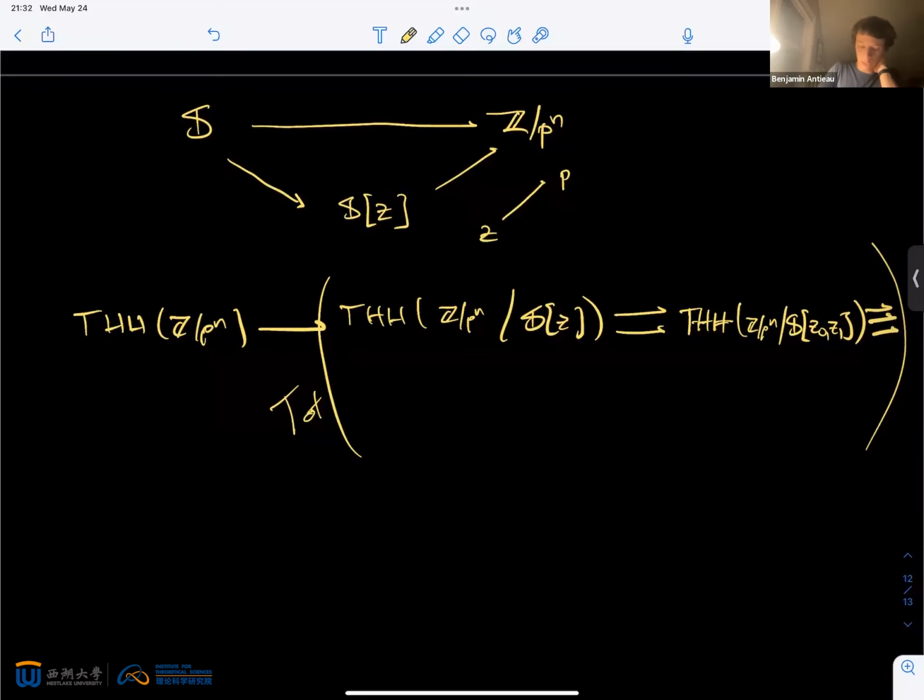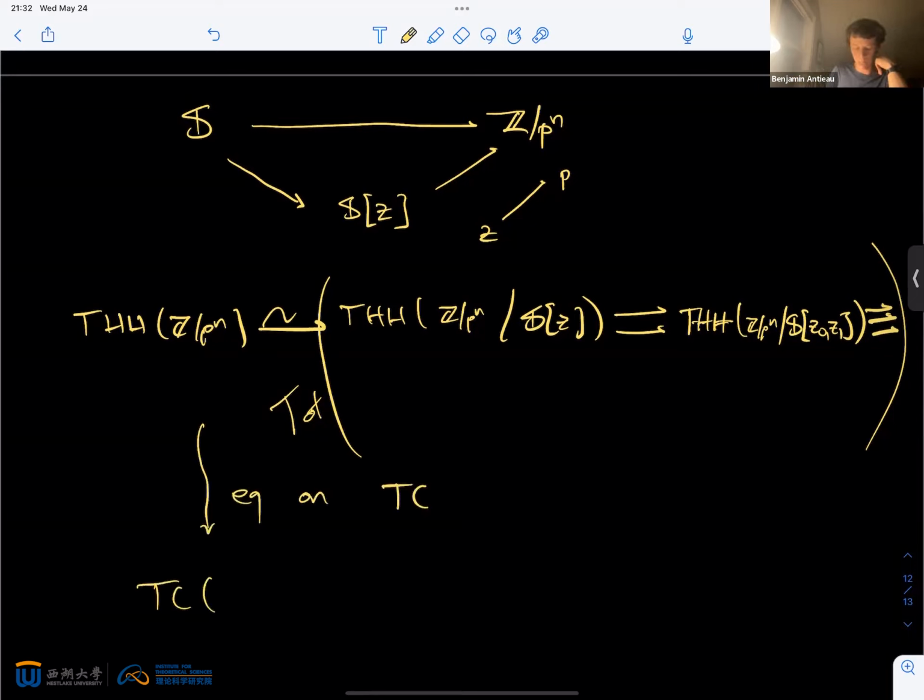And it turns out that this map to the Tot is an equivalence. That's one of the main observations of Liu and Wang to compute TC of local fields, and it is also what we use. And it also becomes an equivalence when taking TC.